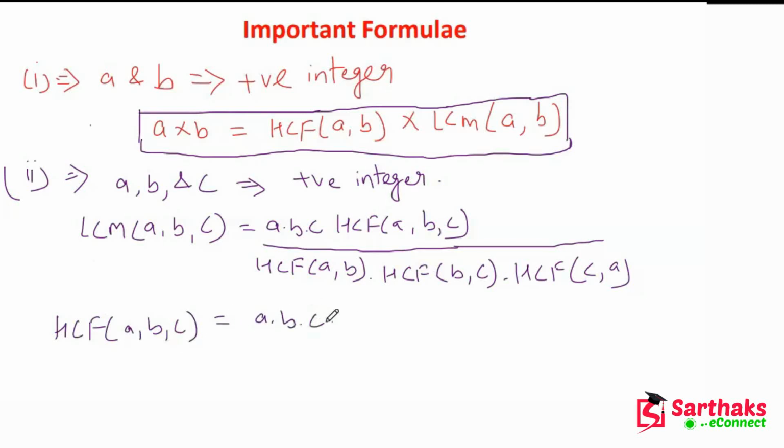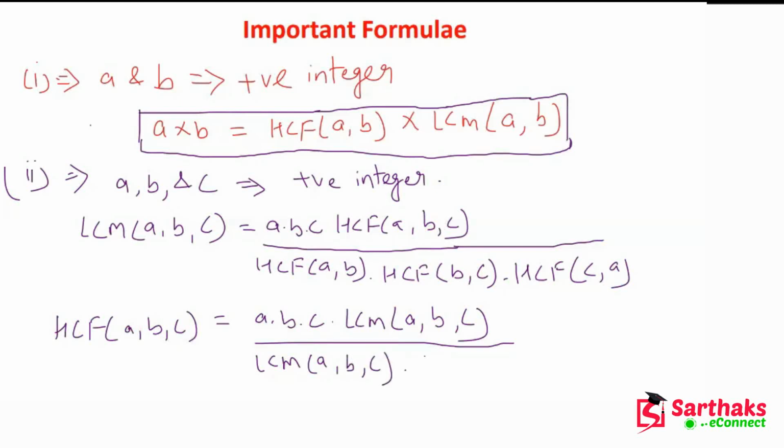A dot B dot C dot LCM of A comma B comma C divided by LCM of A comma B dot LCM of B comma C dot LCM of C comma A. I hope you get this point.